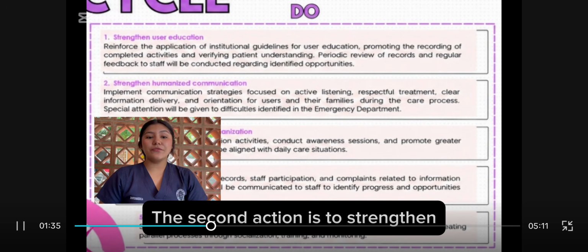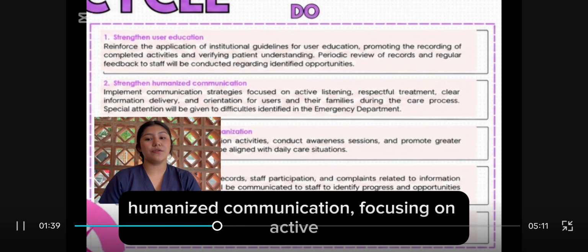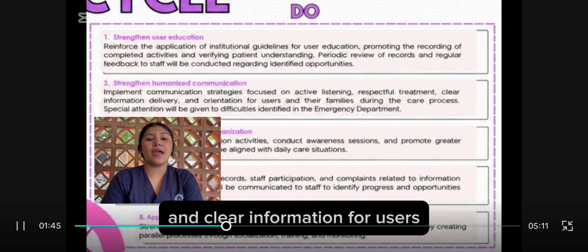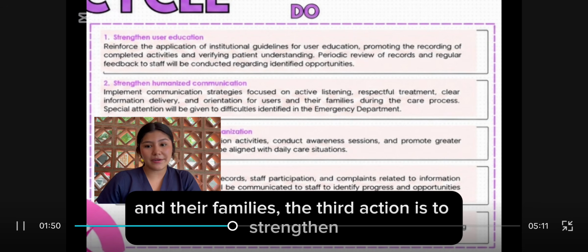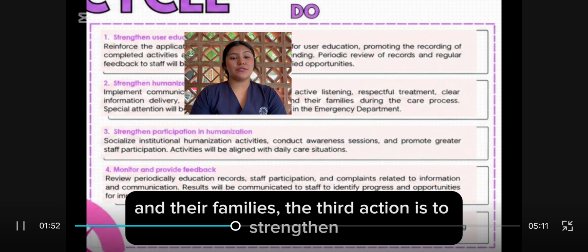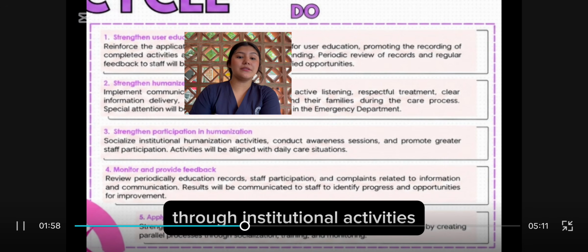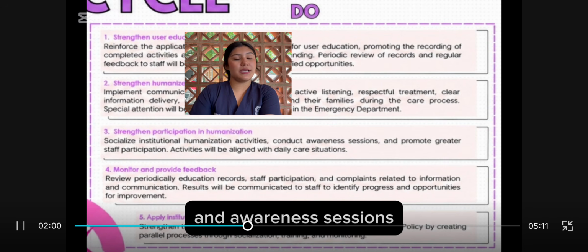The second action is to strengthen humanized communication, focusing on activation, respectful treatment, and clear information for users and their families. The third action is to strengthen participation in humanization through institutional activities and awareness sessions.